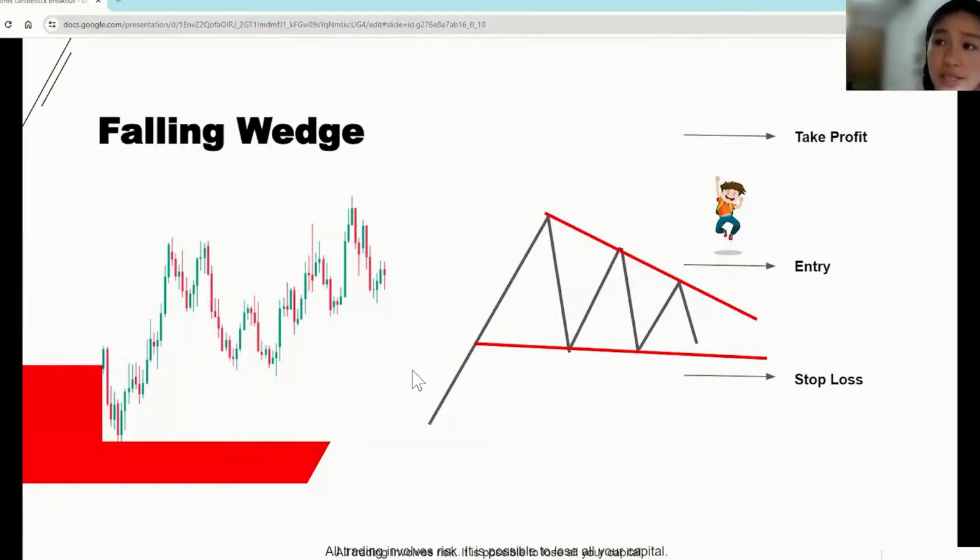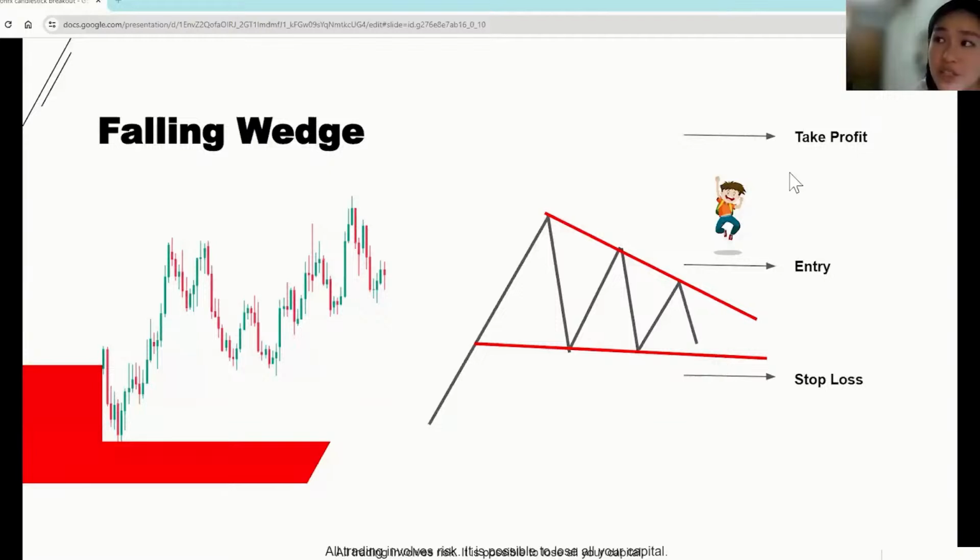Okay, so for your ascending triangle here, the upper line will go through most of the equal highs, so it doesn't have to go through all. And your lower line just has to connect all of the lows. So it's just the opposite of this shape here. Take profit would be above that higher swing high. Your entry would be somewhere in the middle here, and your stop loss just has to be below this lower line.